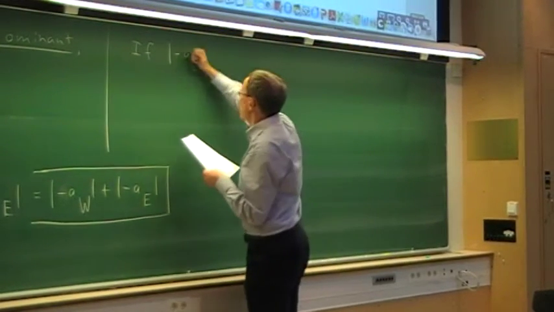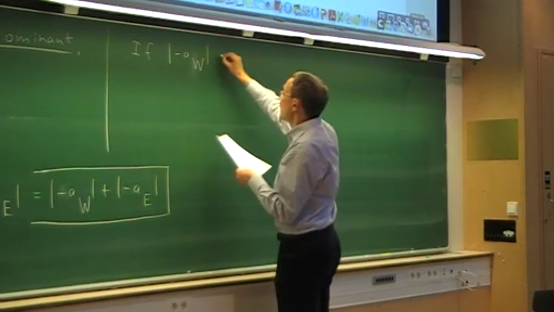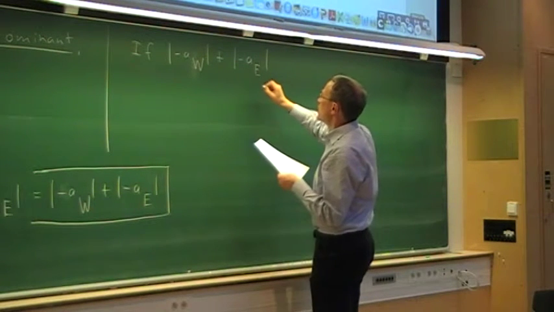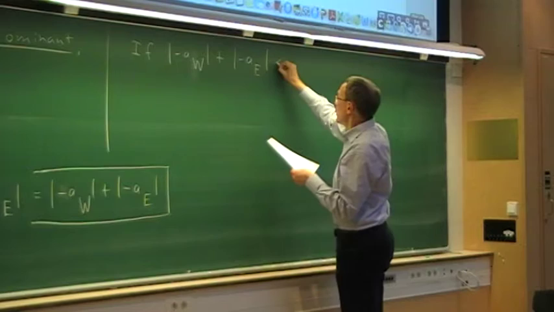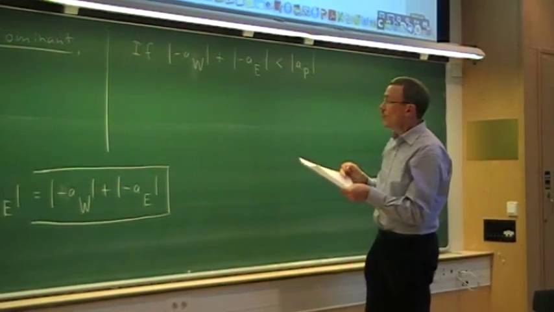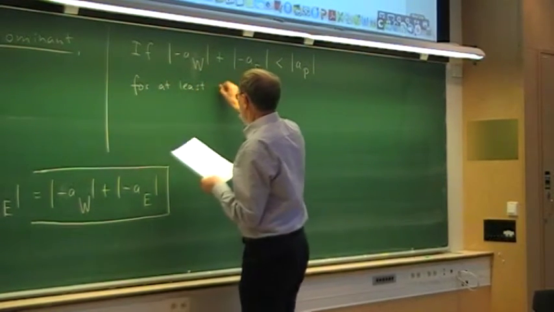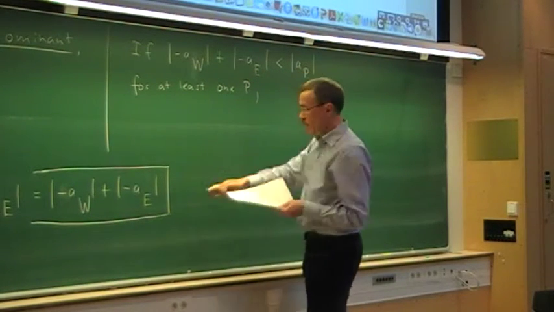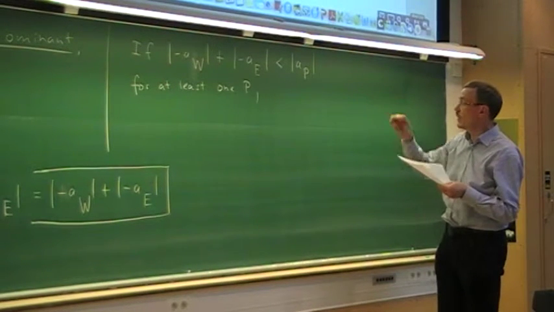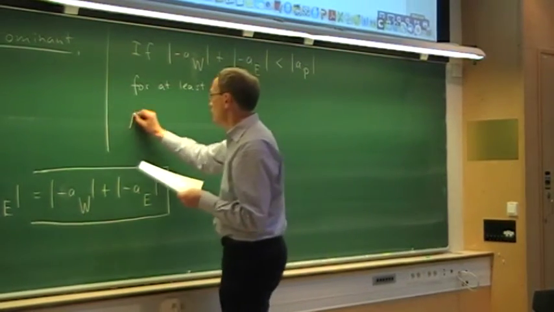We can write it in this form. If we have this, and minus AE is smaller than AP for at least one P, then by this equality we have this satisfied always, but we have this in addition for one P, then the matrix is diagonally dominant.